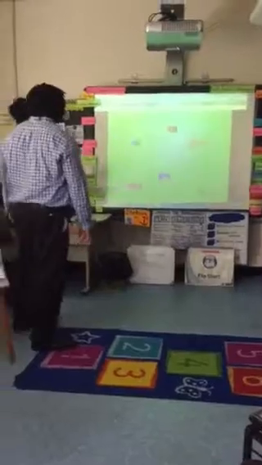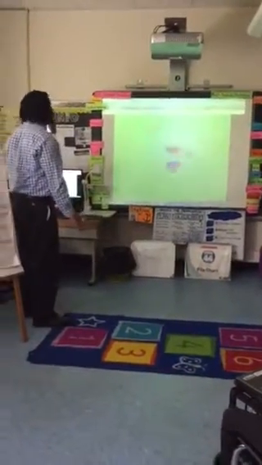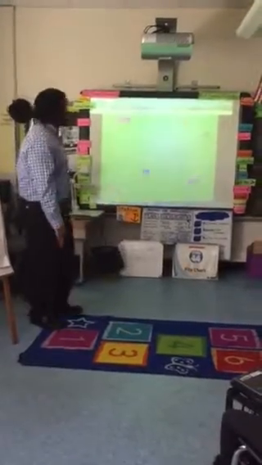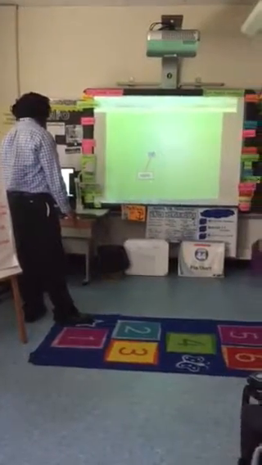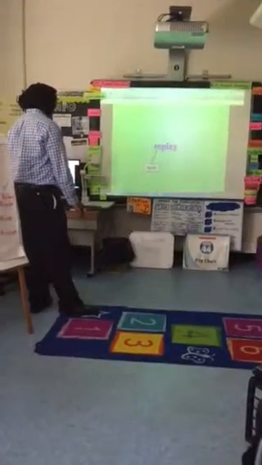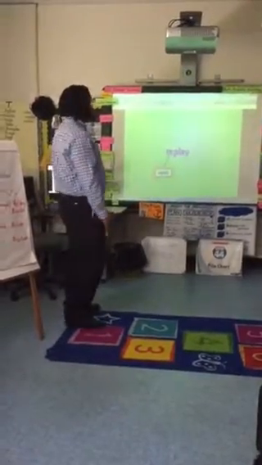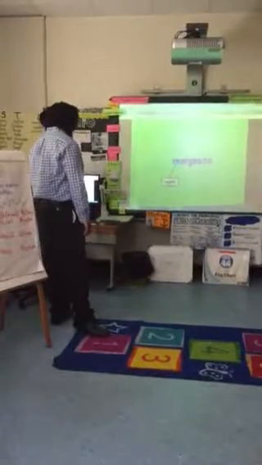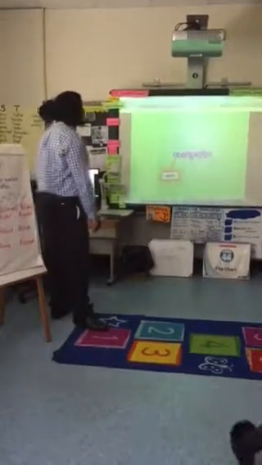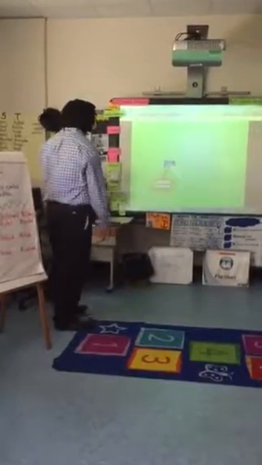Let's look at some other examples of prefixes you might have heard before. And just like un, they all have meanings that, when added to a root word, will change its meaning. There's re, that means again. So if we add it to a root word like play, we get replay, which means to play again. Or to a root word like organize, and we get reorganize, which means to organize again. Pre is another one. Pre means before.